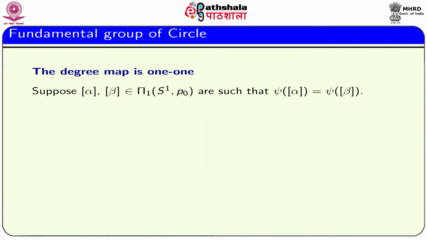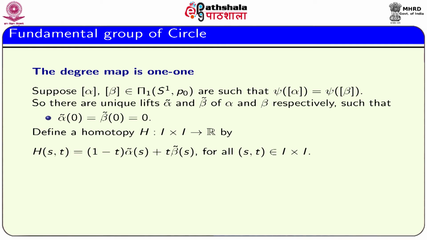The degree map is also a 1-1 map, because if we take any two elements from pi 1 S1 with the property that their images are the same, then there are unique lifts alpha tilde and beta tilde of alpha and beta respectively, such that alpha tilde 0 is 0 and beta tilde 0 is 0.